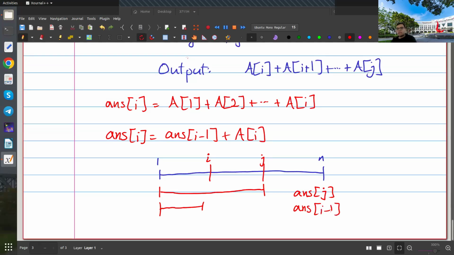Right? So whenever someone asks a query and gives me i and j, I just do one subtraction. I take ans(j), subtract ans(i minus 1), and output that. So now I did a dynamic programming where I spent only linear time finding these sums. But when I want to answer the queries, I can do it in constant time.